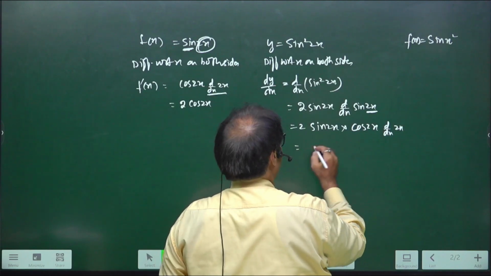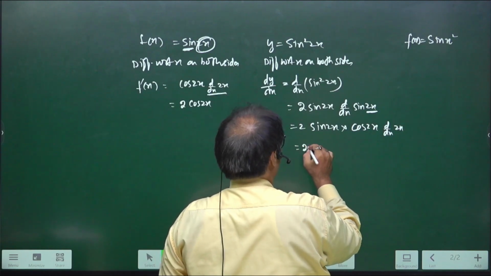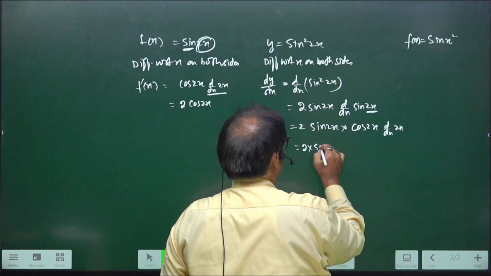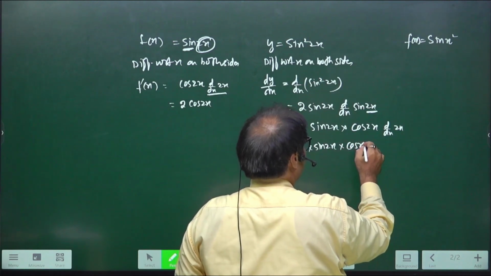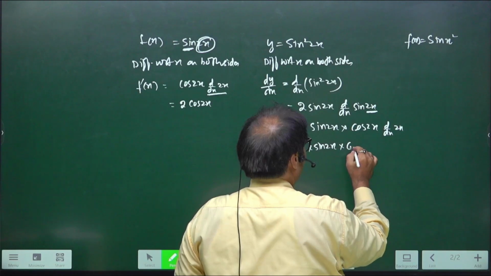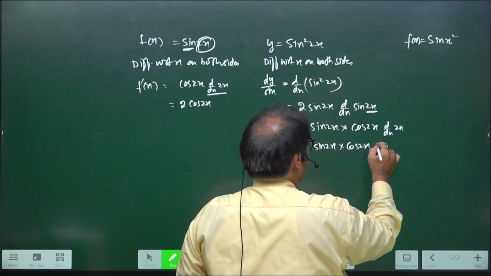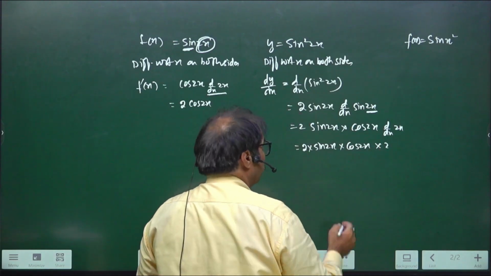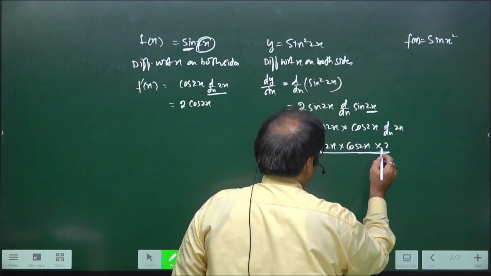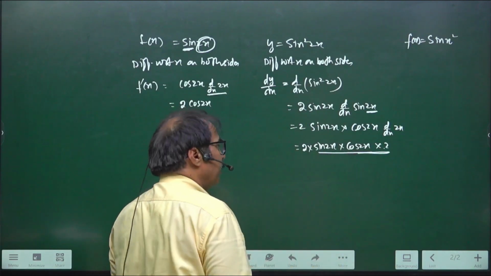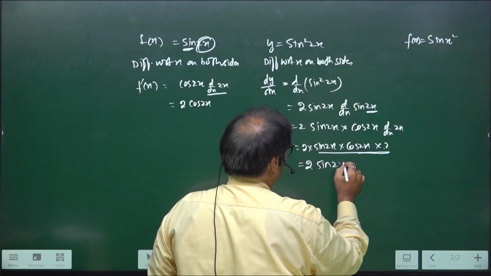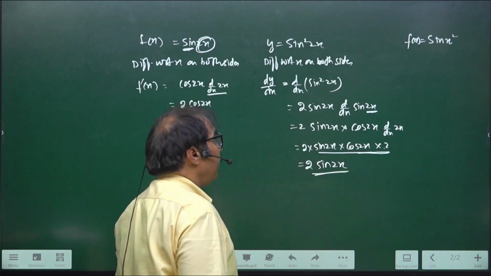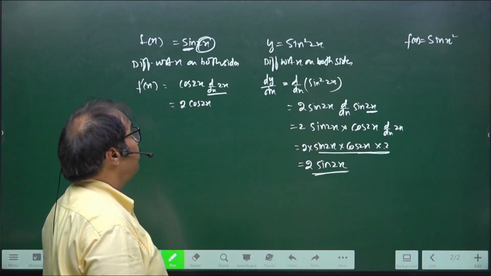So this will be 2 into 2 sin 2x into cos 2x. This is the identity 2 sin theta cos theta equals sin 2 theta. So the answer is twice of sin 4x. This is the final answer of this question, right?